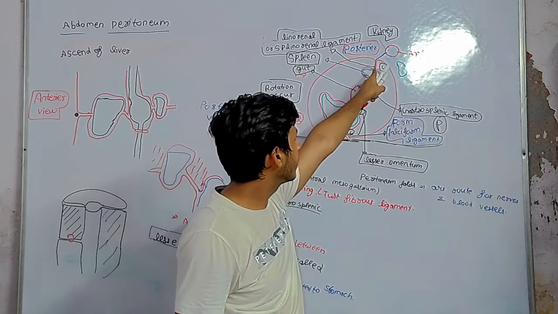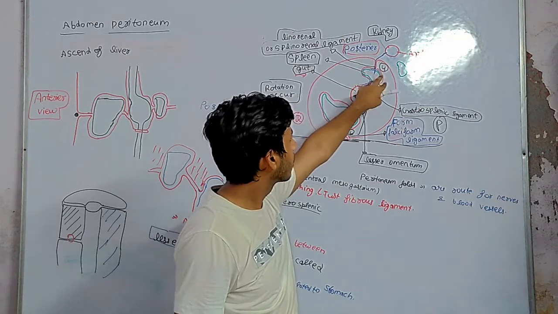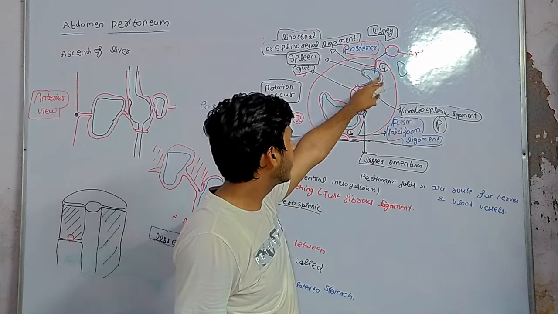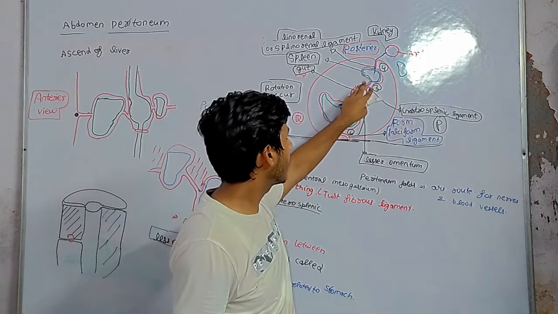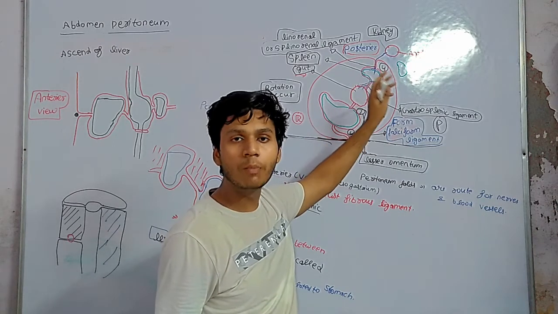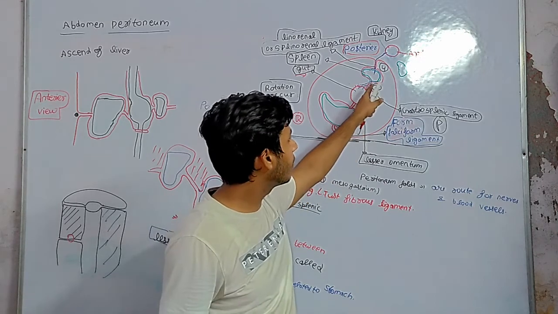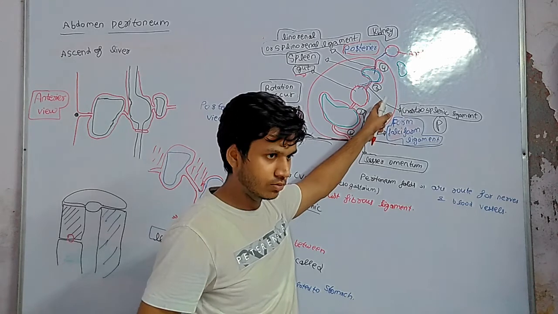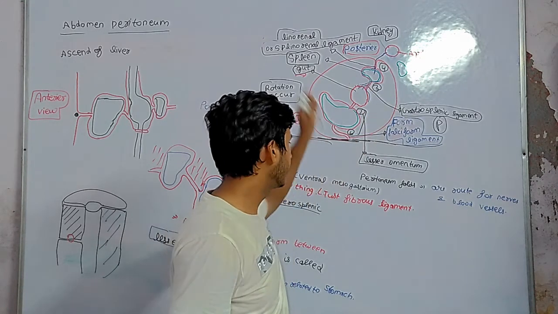The splenic artery goes to the spleen and supplies it. The splenic artery is a content of the splenorenal ligament. Now the splenic artery gives two branches. The short gastric artery supplies the stomach and also comes from the splenic artery through the third ligament, called the gastrosplenic ligament.